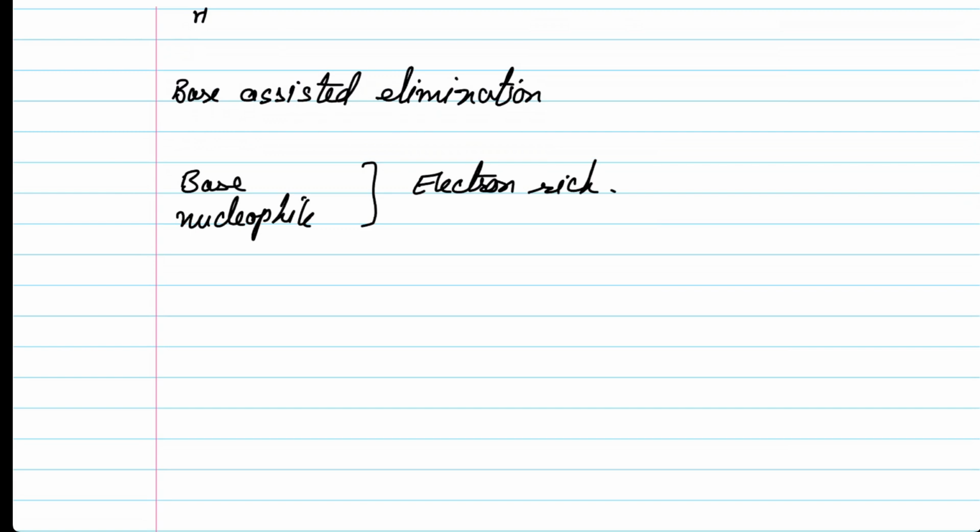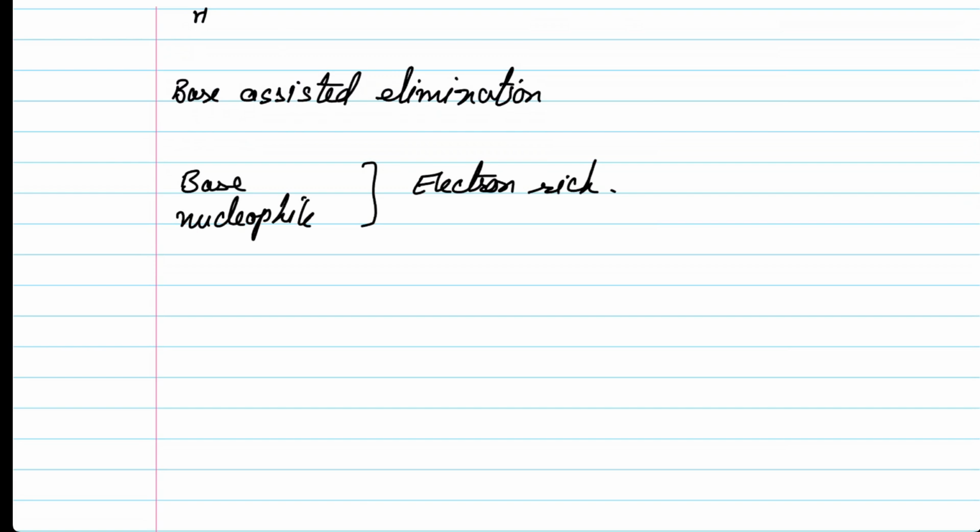Many a times students have a confusion about the difference between a base and a nucleophile. Let's understand one simple fact: base as well as nucleophile are both electron-rich species. Then how do we distinguish between a base and a nucleophile?